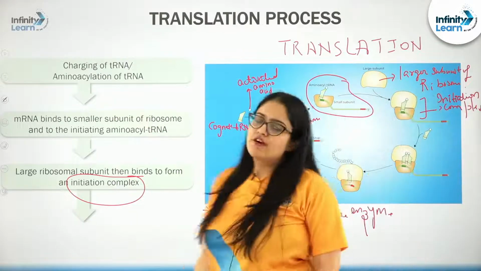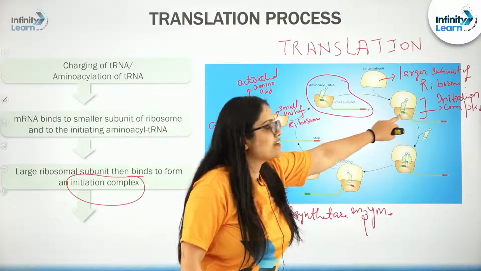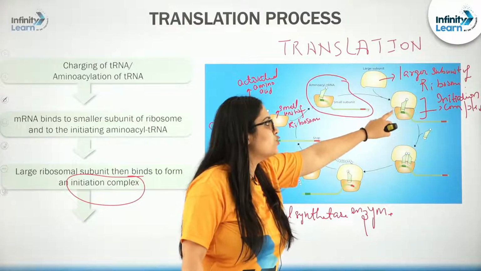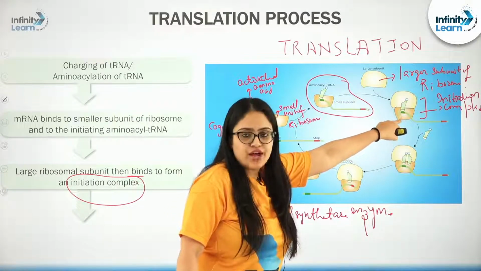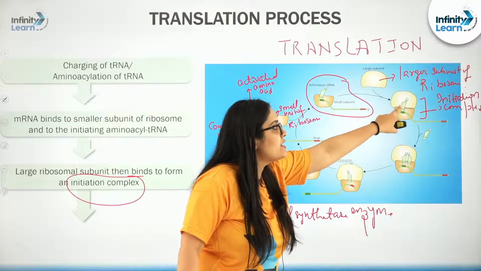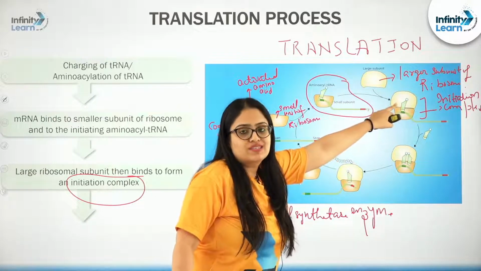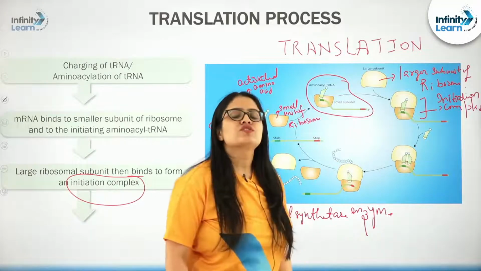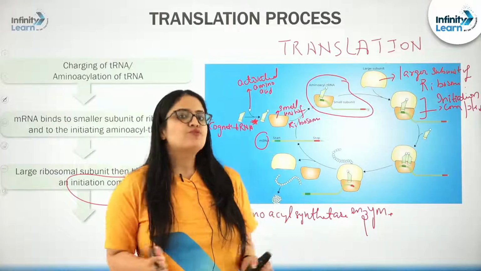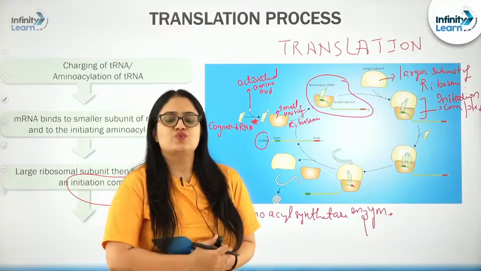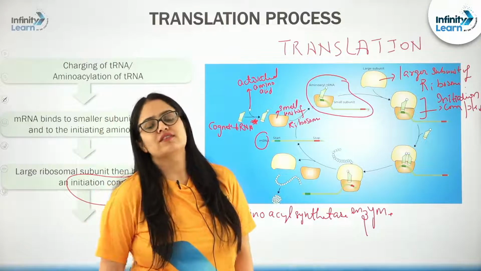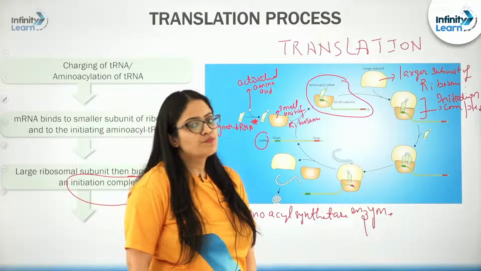See my students, finally there will be formation of an initiation complex where you can see the smaller subunit of the ribosome, mRNA, initiator aminoacyl tRNA and the larger subunit of the ribosome. Now together this complex will properly initiate or start the translation process, right.